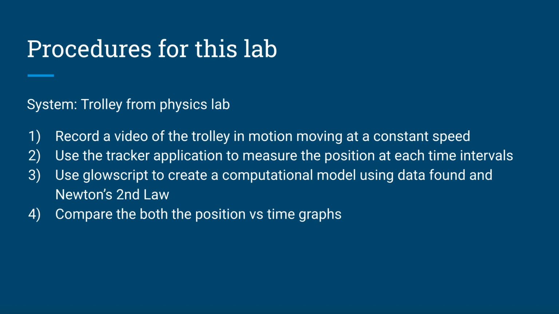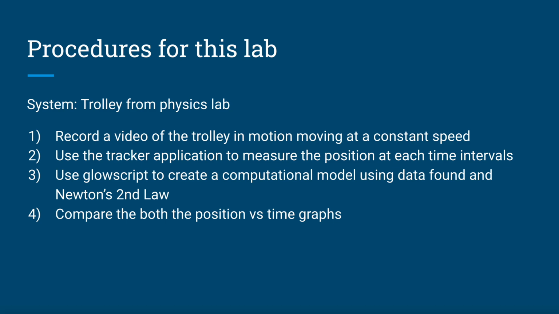So the procedures for this lab follow this format. First, we will let the system be the trolley from our physics lab, and with that, we can record a video of the trolley in motion moving at constant speed. With this video, we can then put it into the tracker application to measure the position of the trolley at each time interval.